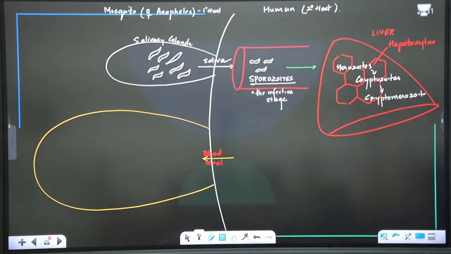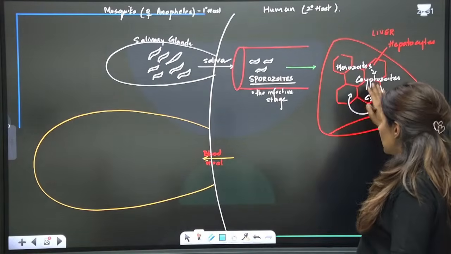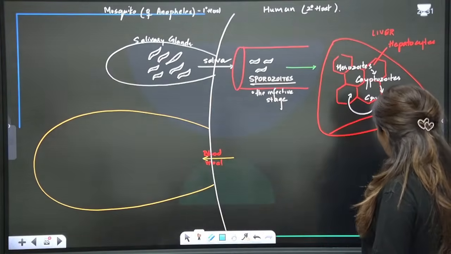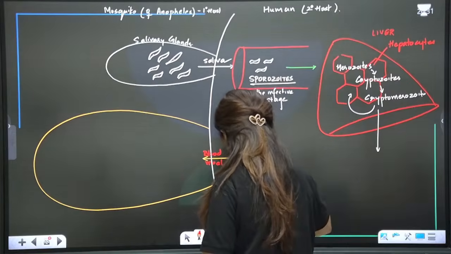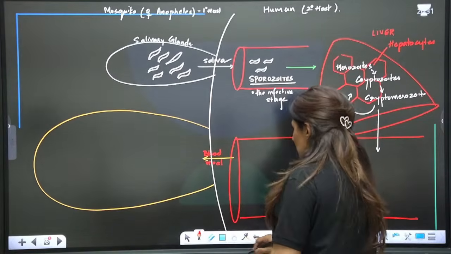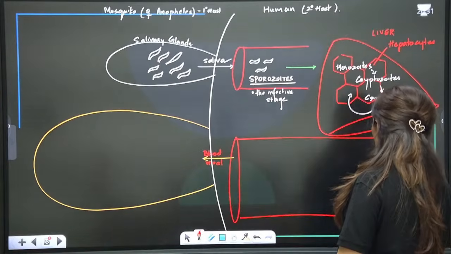Now, these cryptozoites can either go on reinfecting new hepatocytes, or they can enter into the bloodstream. So when it enters the bloodstream again, it enters into our RBCs.